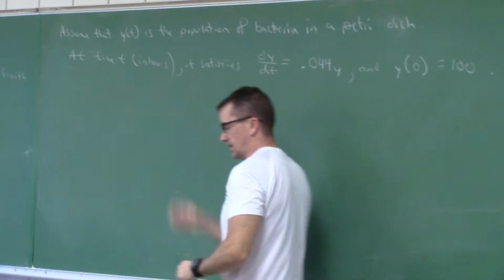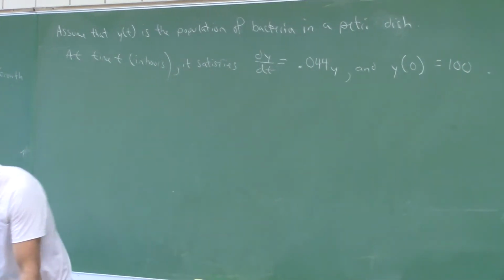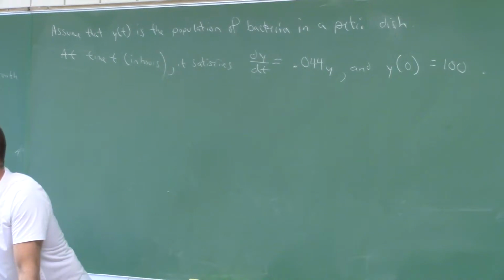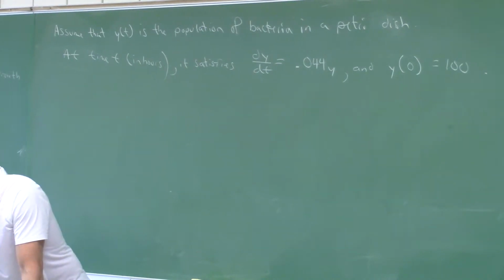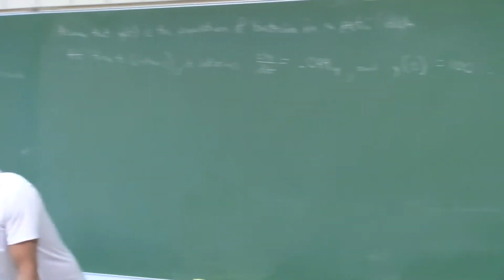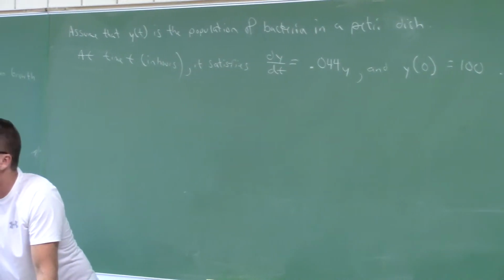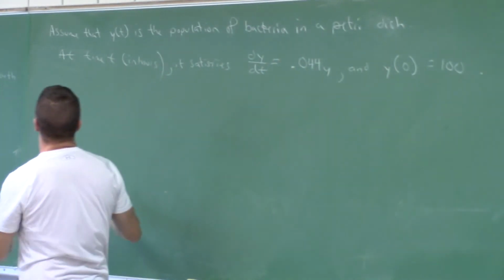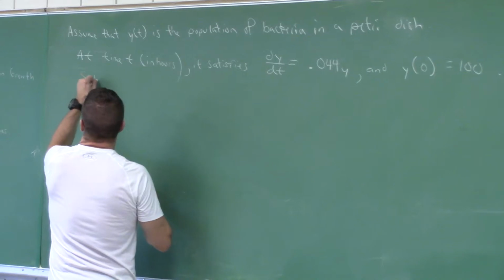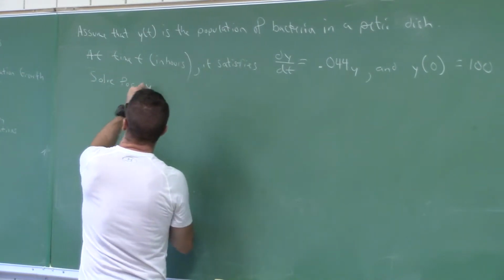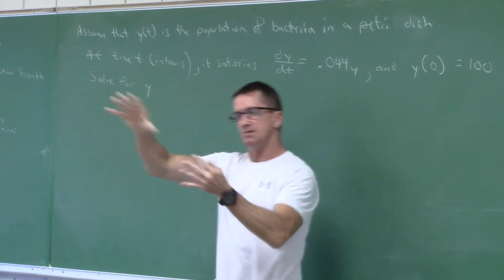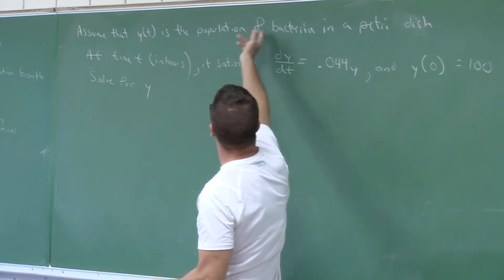And of course, you know what they want you to do. They want you to solve for y. But then afterwards, they want you to extend the question. After you solve for y, can you determine how long it takes for the population of the bacteria to triple? So when you solve for y, that means get that explicit equation of y that models the population of bacteria.